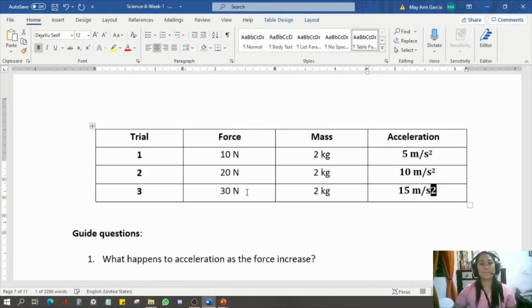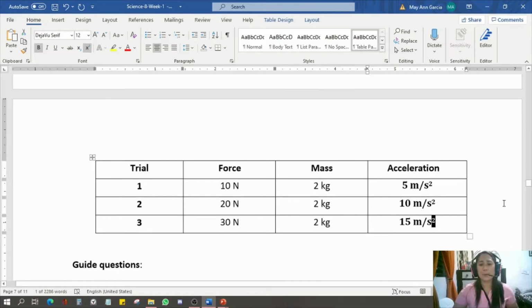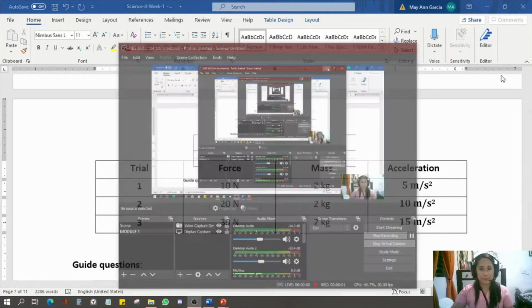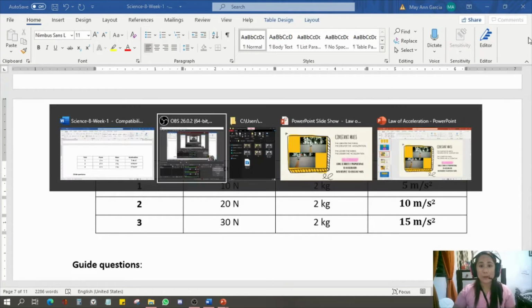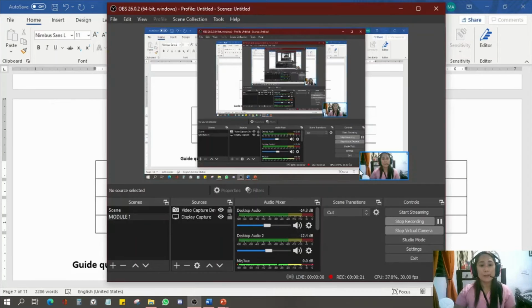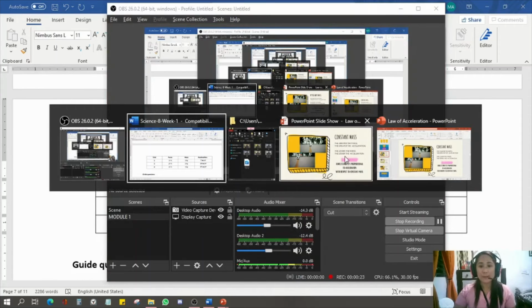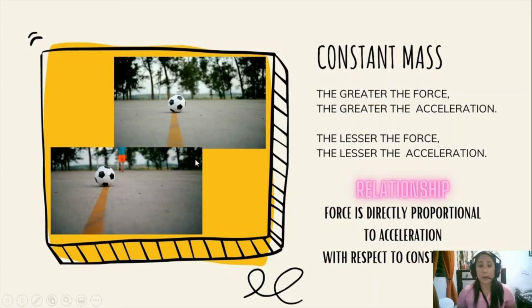squared. Now, looking from this table, what have you noticed with the amount of mass? Looking from the table, we can see that the amount of force are all increasing, while the amount of mass is constant. Notice the amount of acceleration. They are all increasing. If we're going to look back on our lesson a while ago, we can say that if the object has a constant mass, the greater the force, the greater its acceleration.